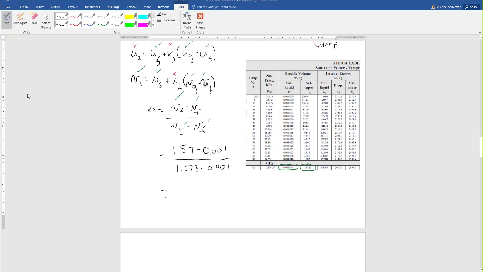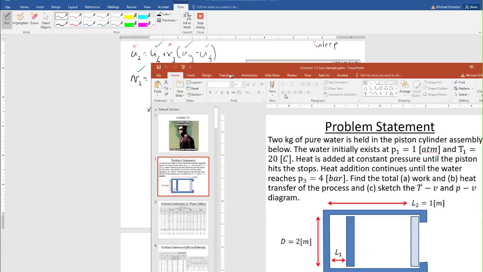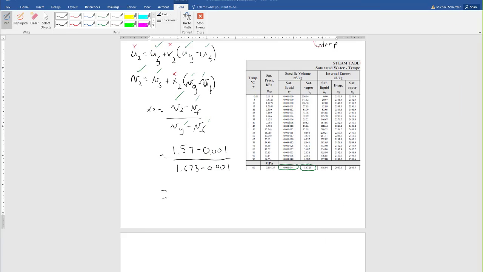But here, I don't know if anybody has put this into their calculator. When I did this, I did it all in a different order. Anybody get X2?